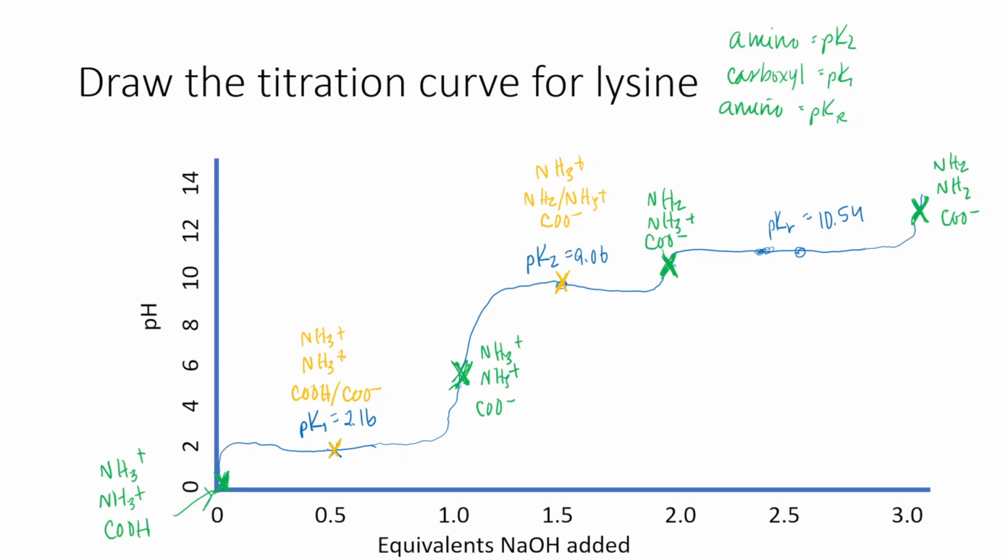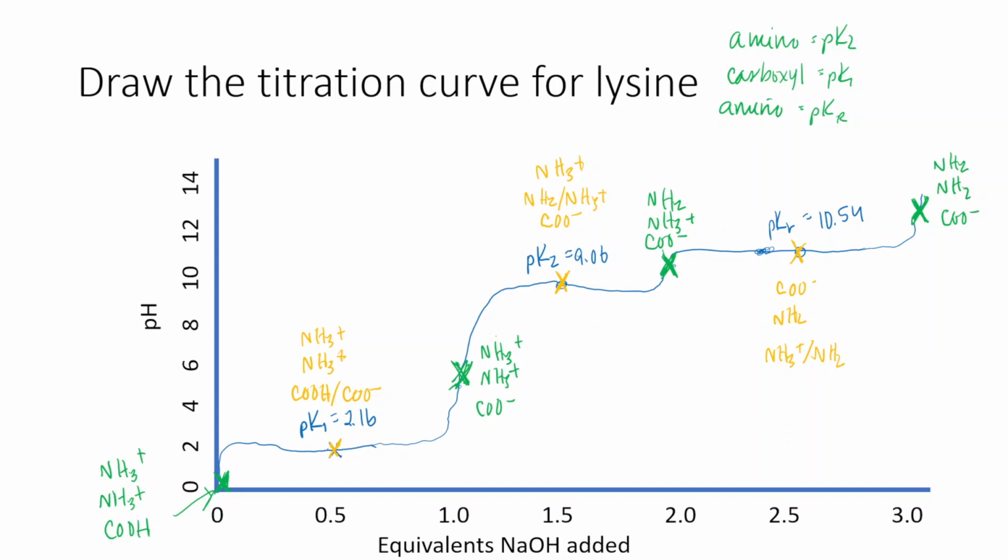So what would we have at our 2.5 equivalence point? And then the side chain would be half NH3 plus. Exactly.